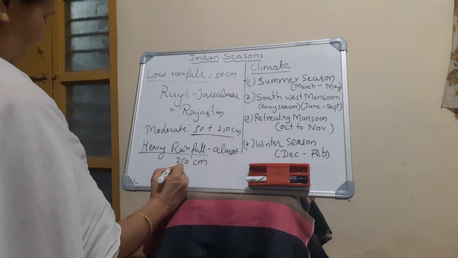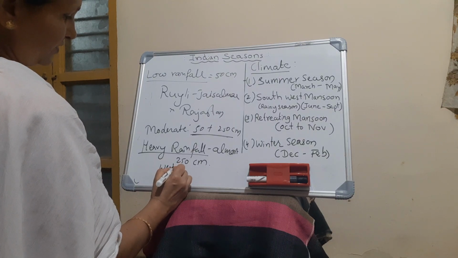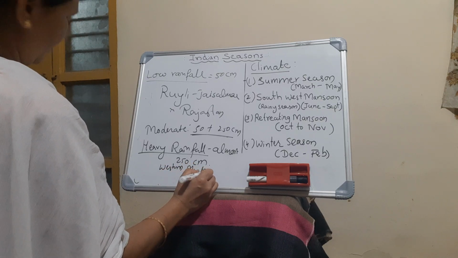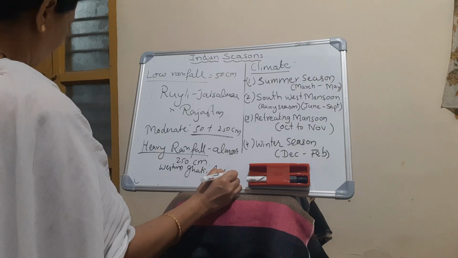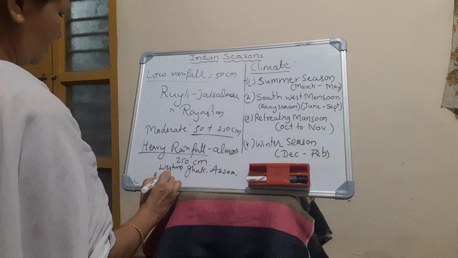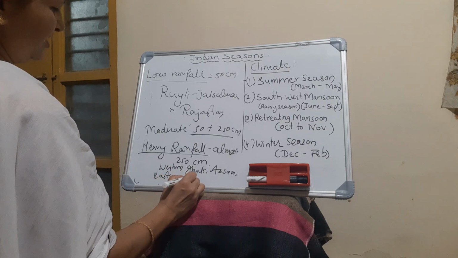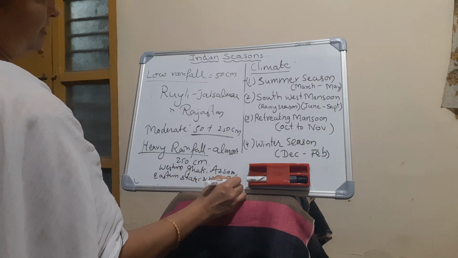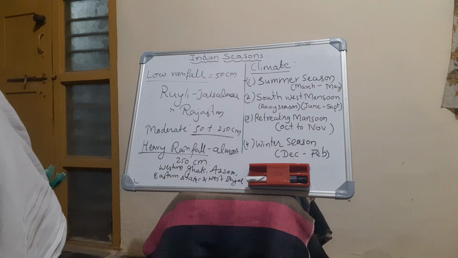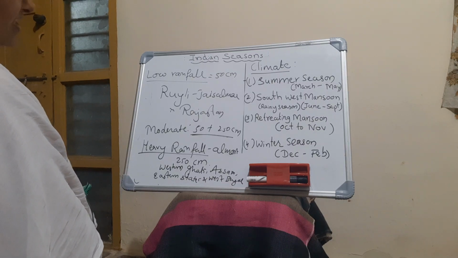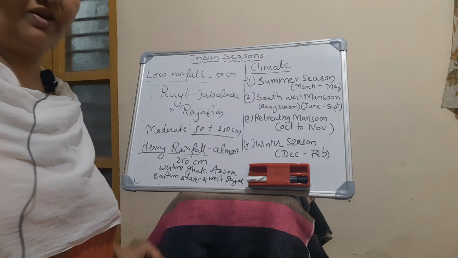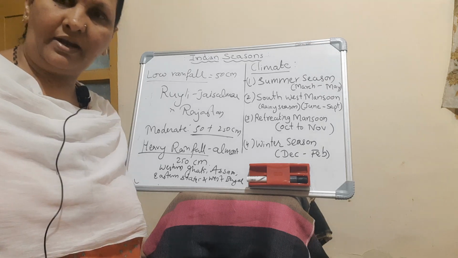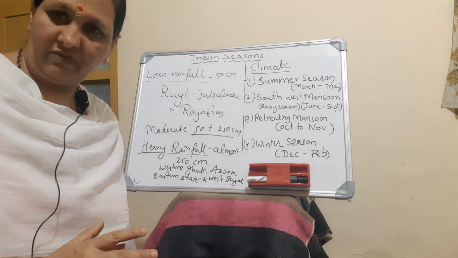In Assam, Western Ghats, then Eastern states, then West Bengal. One of the most important, the heaviest rainfall we find is in Mawsynram, Meghalaya.